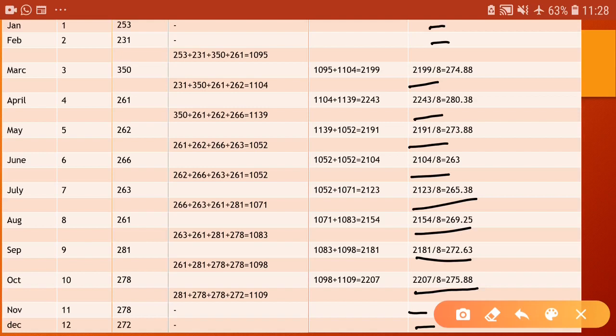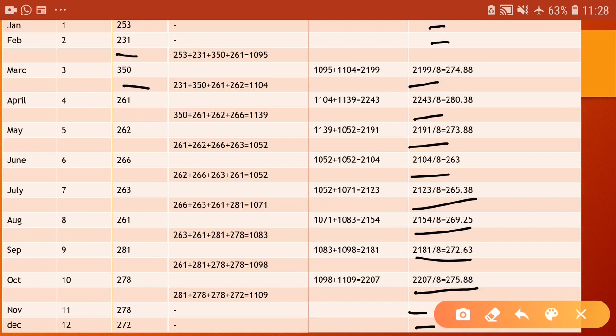It is like the 5 years average. In the 5 years average also, the first two and last two were blank, and in this also the first two and last two are blank. This sum is actually a bit lengthy. If you do it by yourself, there may be some calculation mistakes because the numbers are in the thousands, 2000. When you draw the table, you have to draw it very carefully.